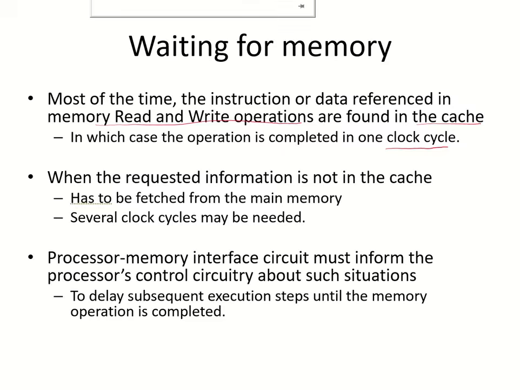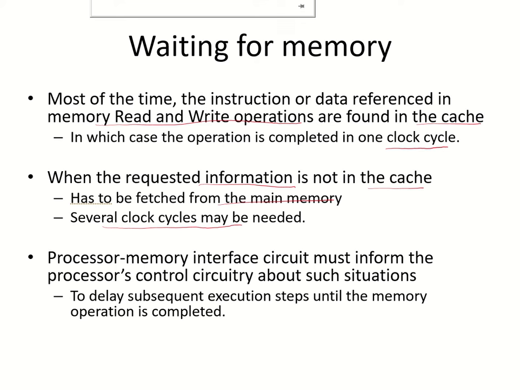However, what will happen if the requested information or the requested memory access, that particular address, is not available in the cache? Then it will have to be fetched from the main memory. And if the main memory is being accessed, many clock cycles would be required.